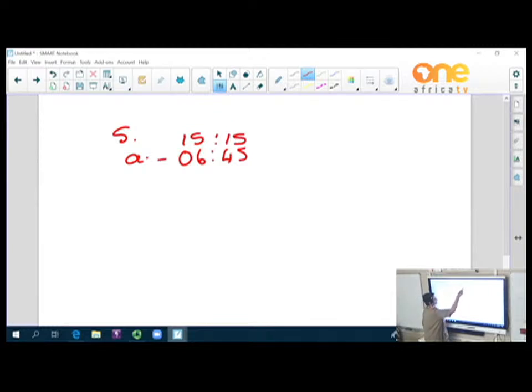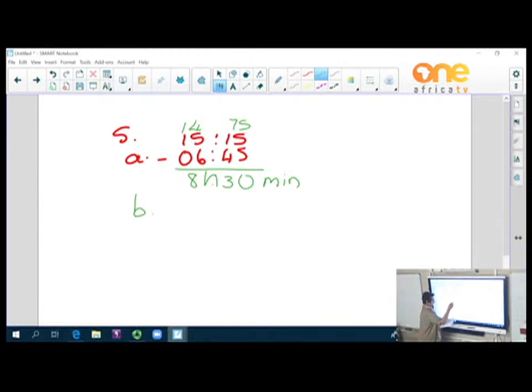Now again, just remember, we have to borrow an hour here. So that makes it 75 there. So if you subtract now there, 14 minus 6, so it's the length. So it's 8 hours and 30 minutes. Make sure that you read the question. Do they ask elapsed time or specific time?